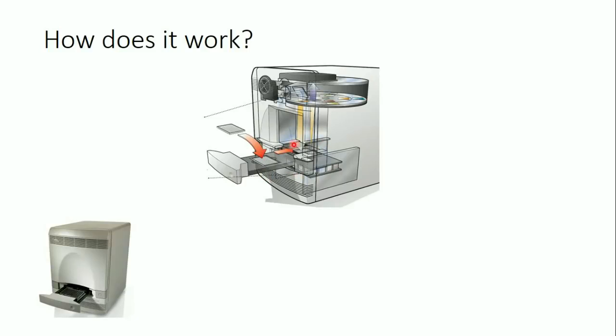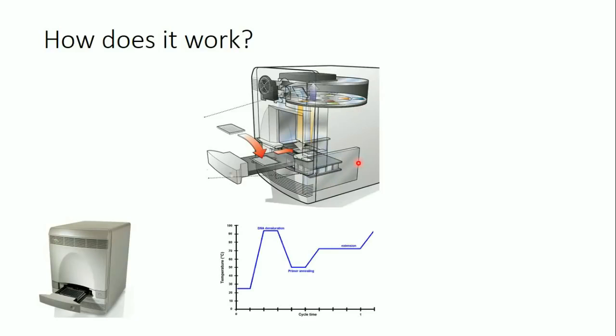So here is the thermocycler, like the normal PCR. This what you're seeing here is the normal thermocycler, and what you're seeing here is the extra, which is the spectrofluorometer. So the thermocycler undergoes the normal 3 steps thermocycle, and then the spectrofluorometer measures.